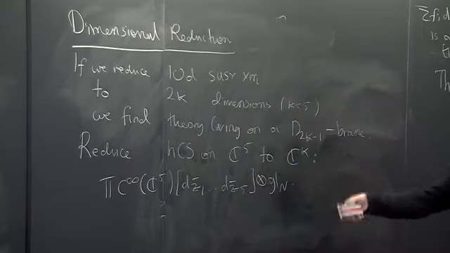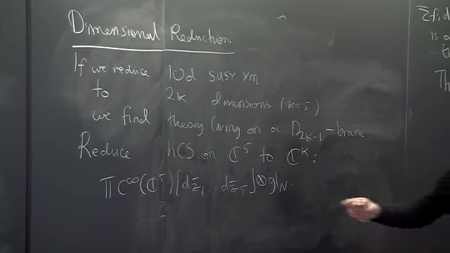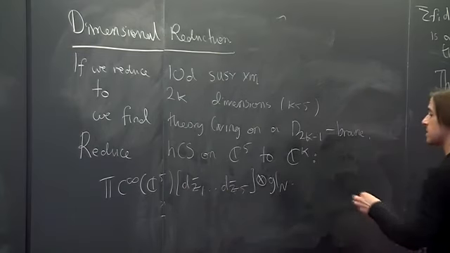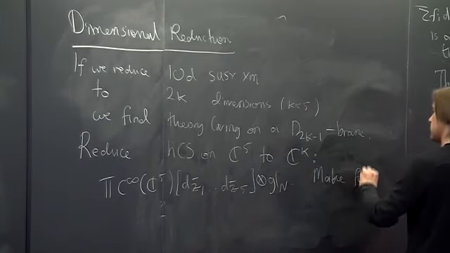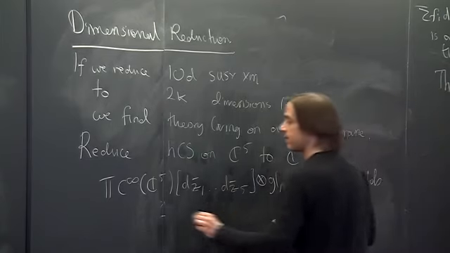And all we do is we make our fields translation invariant in some number of complex dimensions. So make the fields constant in 5 minus k dimensions.